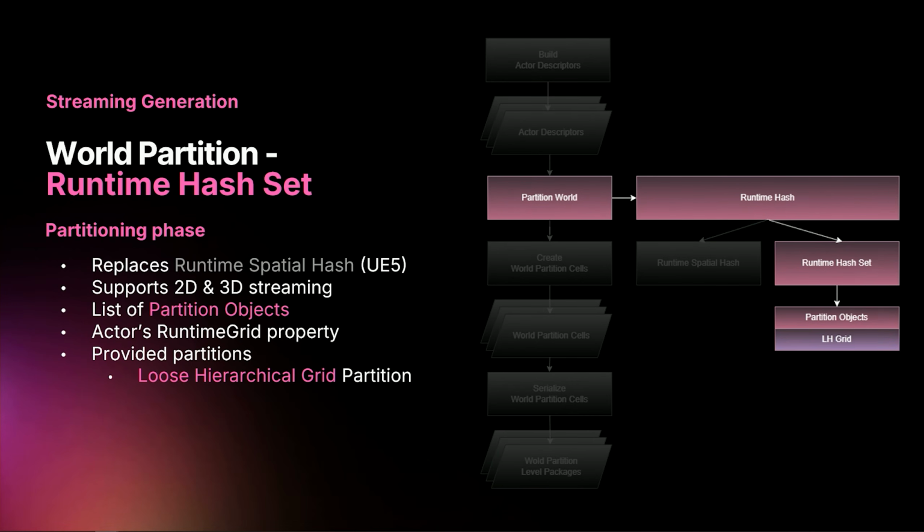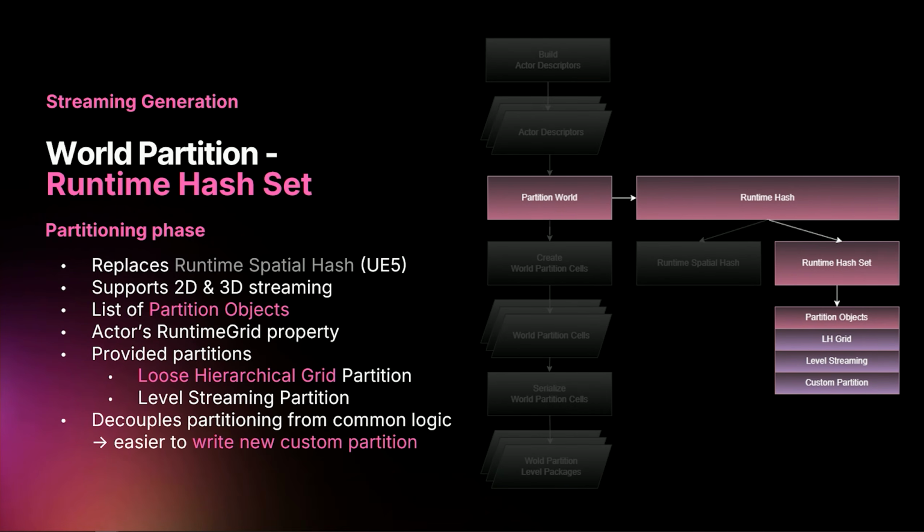We provide two partition objects, the loose hierarchical grid, which is the default partition used when creating a new map now, and the level streaming partition, which can be used to mimic standard level streaming or even a world composition setup quite easily, with automatic support for distance-based streaming, HLOD, and runtime data layer support.